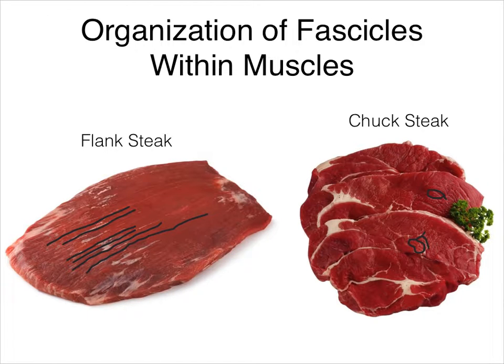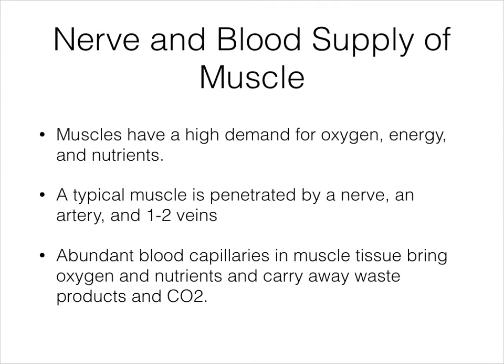That's a bundle there. That's a bundle there. And you can see that there are these places where you appear to have cut through the grain of something. Each of those is a fascicle. So when you're looking at a piece of cut steak, what you're actually looking at is a cut through the fascicles, and you can see the organization of the muscle.